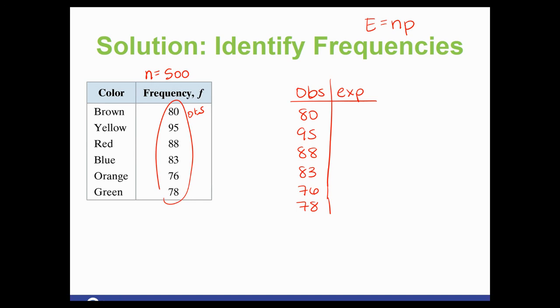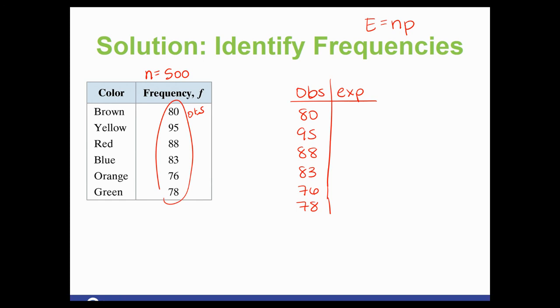Uniform will show up when you don't have the percents, because instead of the percents being something different for each group, uniform means they are all the same. So that means there's an equal likelihood that we would get a brown one to a green one to an orange one and so forth. So this is going to be uniform, meaning the same expected value for each.